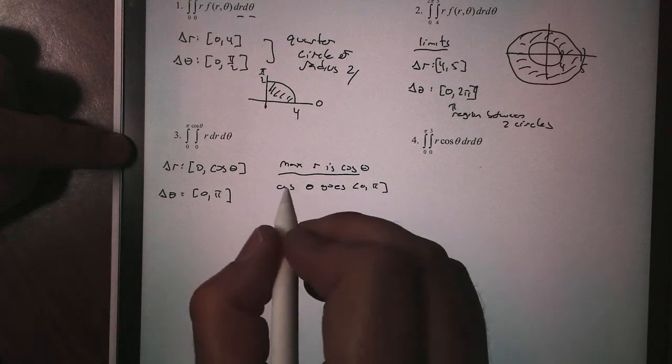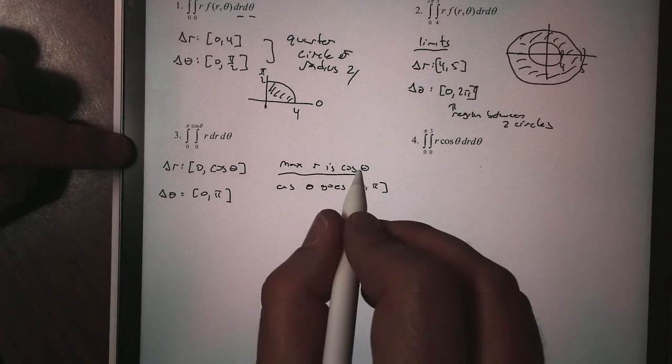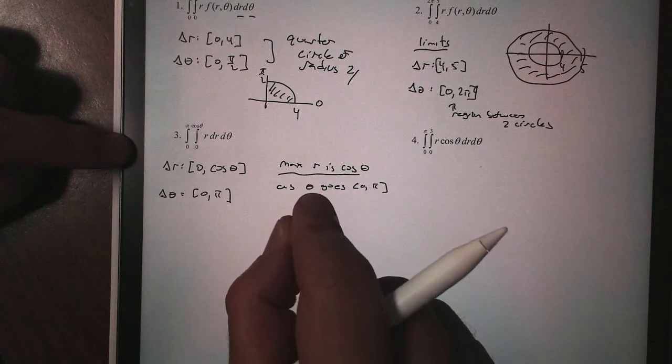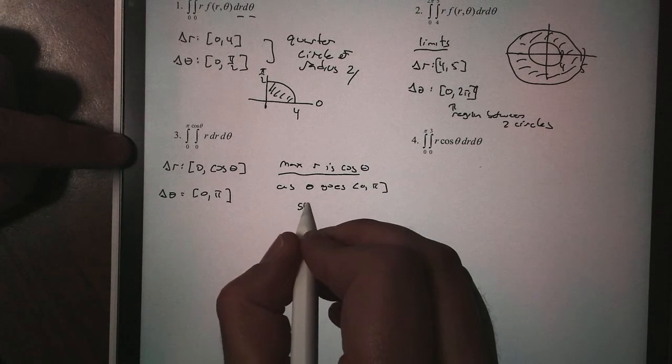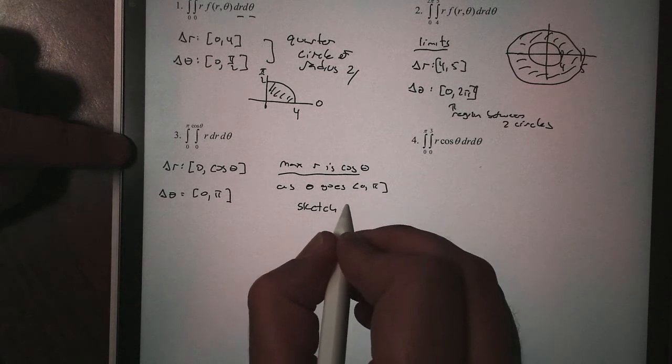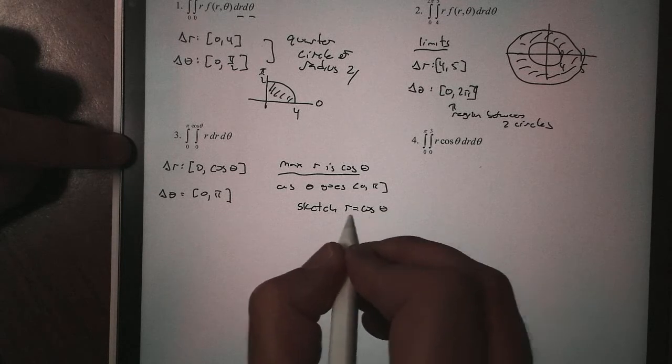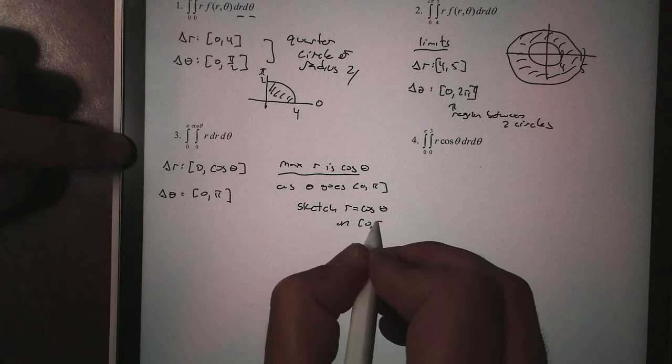So what are they asking us to do? We've got the maximum radius is cosine of theta as theta goes from 0 to pi. So what they're asking us to do is basically sketch the function r equals cosine of theta on 0 to pi.